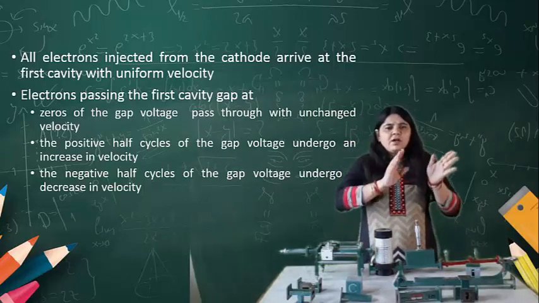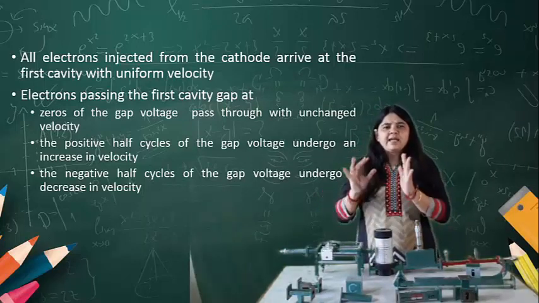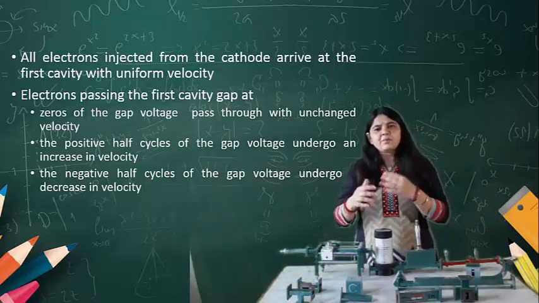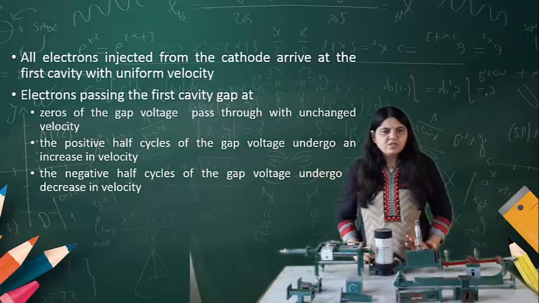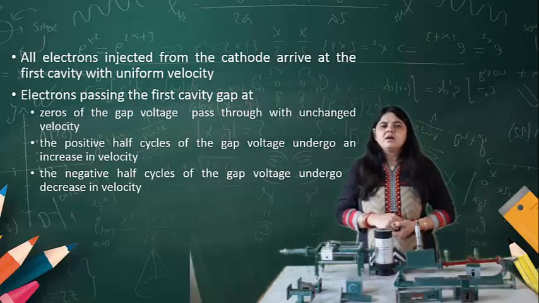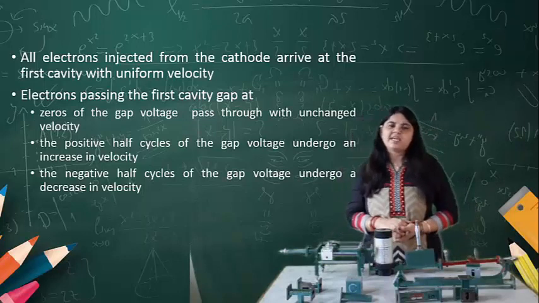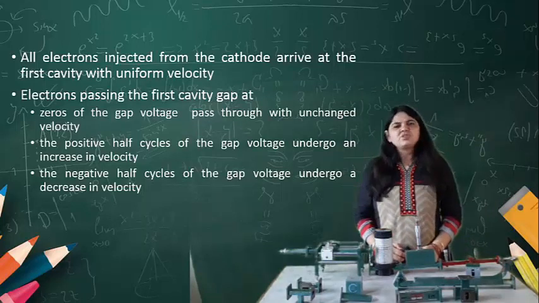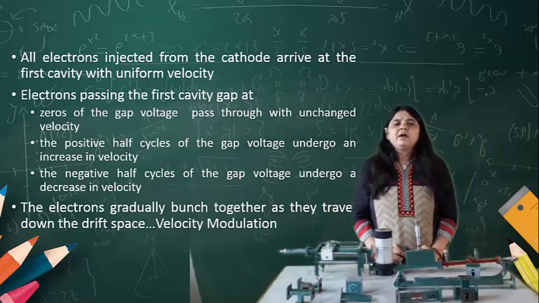Now the electrons pass through the first cavity gap, where there is a gap voltage, and according to it the electrons travel. The positive half cycle of the gap voltage increases the velocity, and the negative half cycle decreases the velocity. So this way all the electrons travel with different velocities.